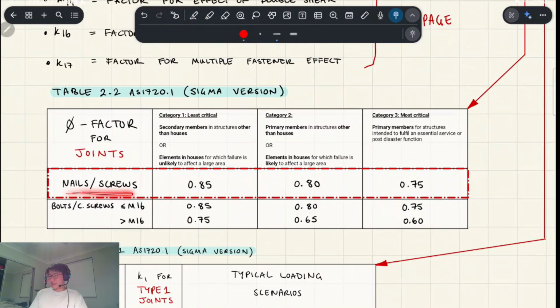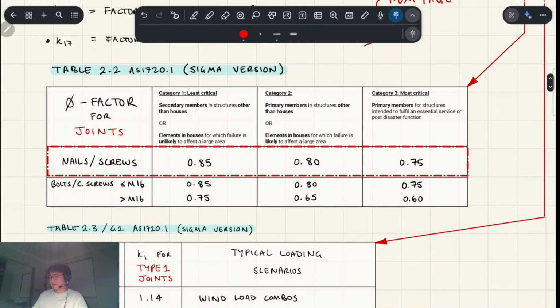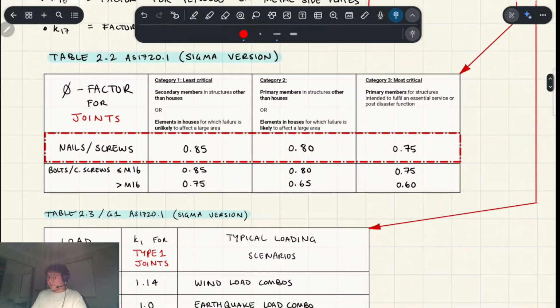So instead of listing MGP and F grade timber and stuff like that here, what's listed are the small connections and large connections, right? So for small connections, these numbers are as such, and the categories are the same as the one you saw earlier in this course, right? And bolts and coach screws have a different rule depending on whether you are dealing with large or small ones.